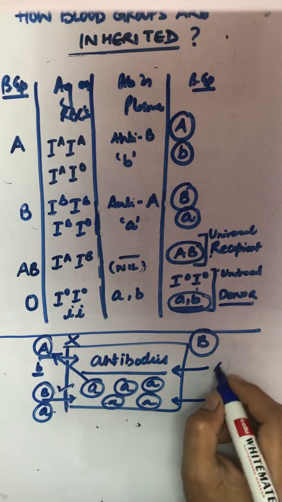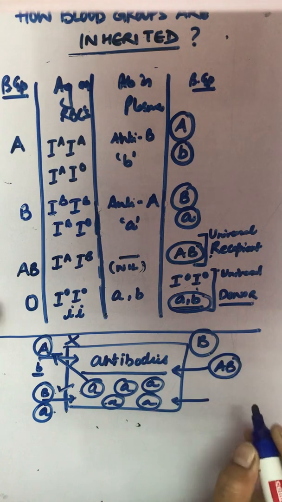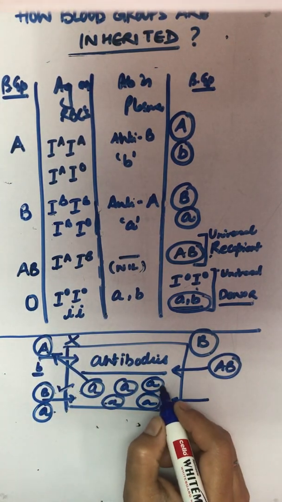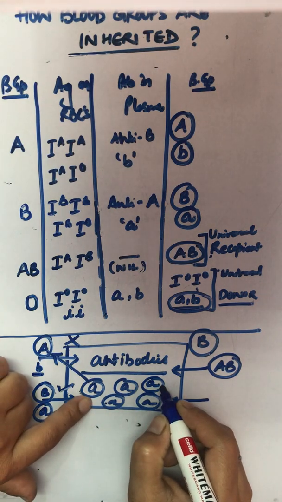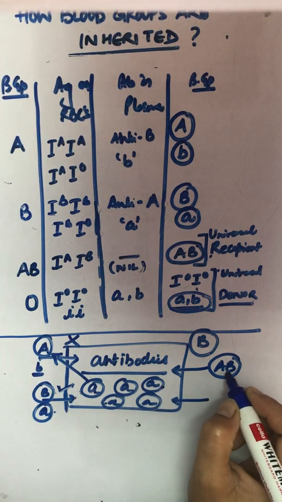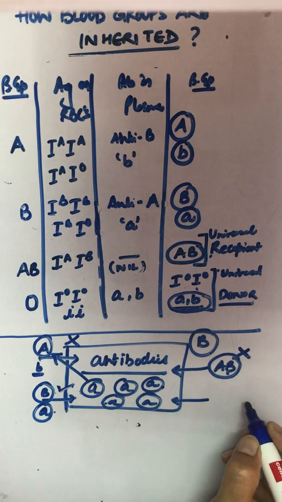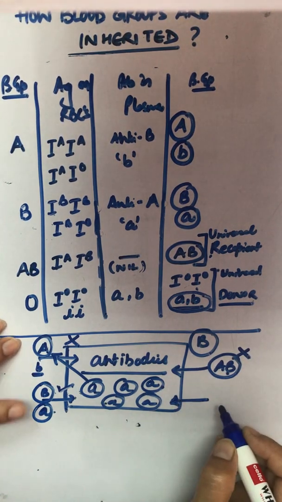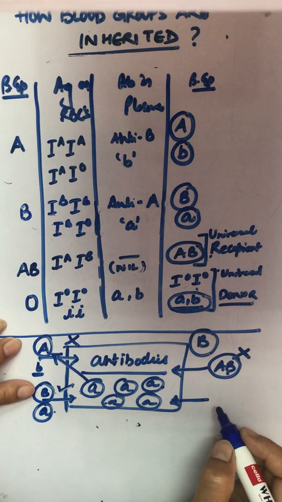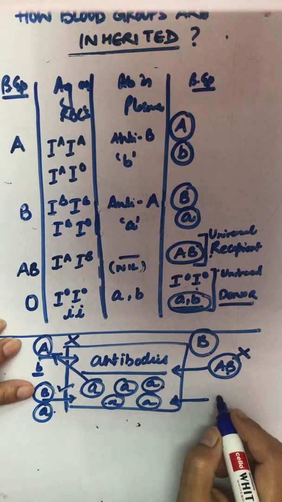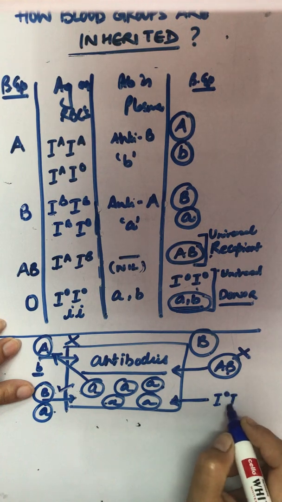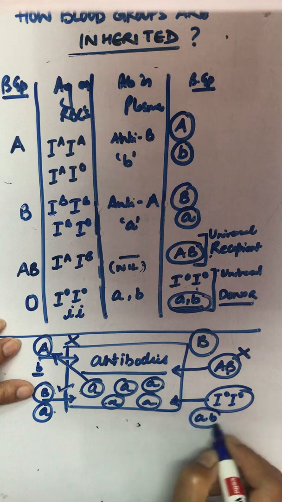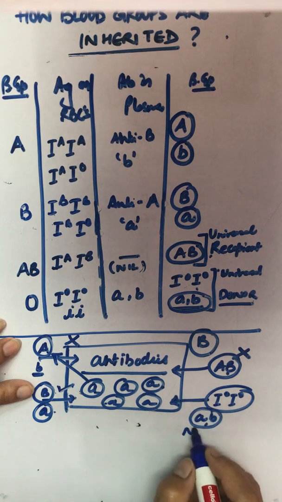If I'm talking about blood group AB, it cannot be a donor. Why? Because again this antibody which is there in the plasma is going to attack the antigen and is going to prove fatal. That means antigen antibody fight and automatically the RBCs will be suffering. If I am introducing blood group O, blood group O means antibodies A and B and no antigen.